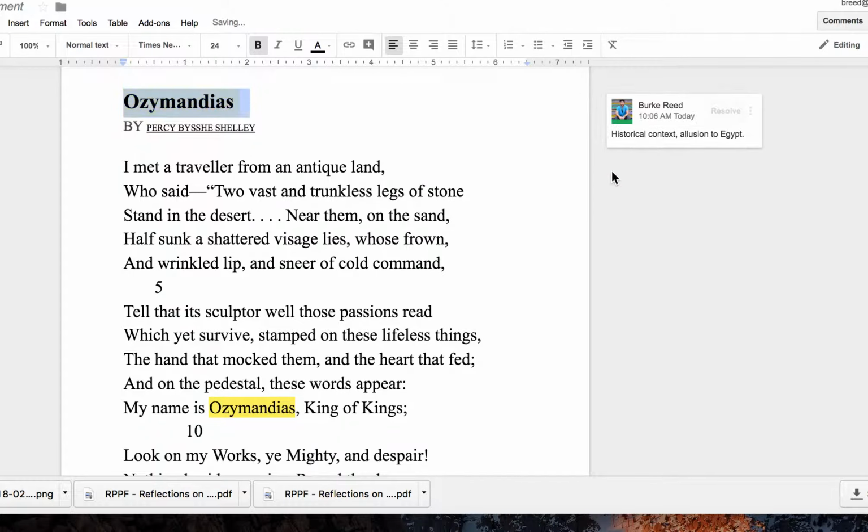We get a sense that this is going to be a political poem, one that makes some historical references, maybe somewhat fictional, but something that ties back to context. We'll talk about the author later on, but let's get right into it.